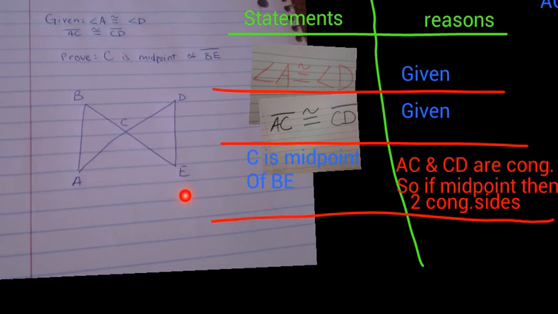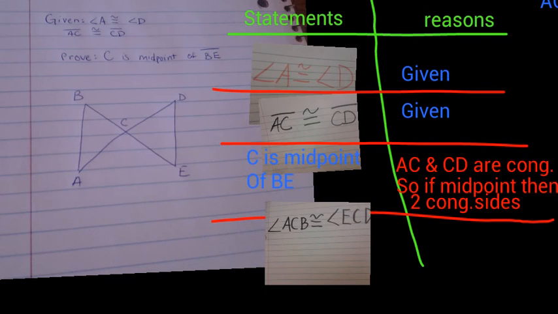If you use theorem ASA, angle side angle, you can see the two angles and the one side. Last statement is angle ACB is congruent to angle ECD, and the reason being is the theorem ASA, angle side angle.